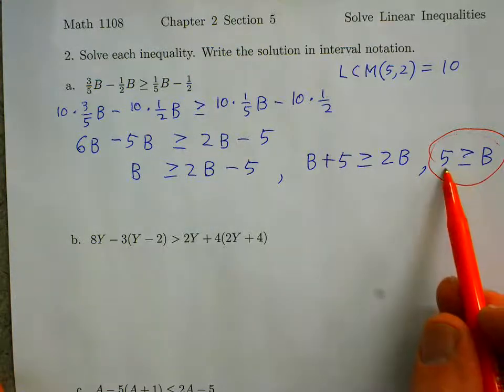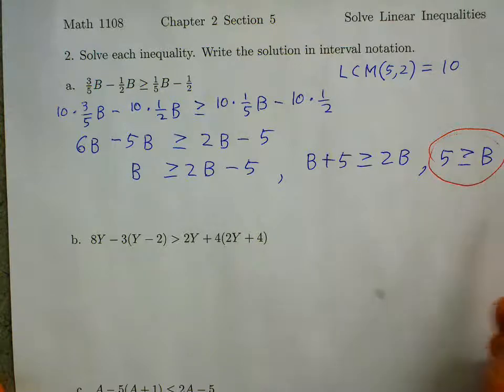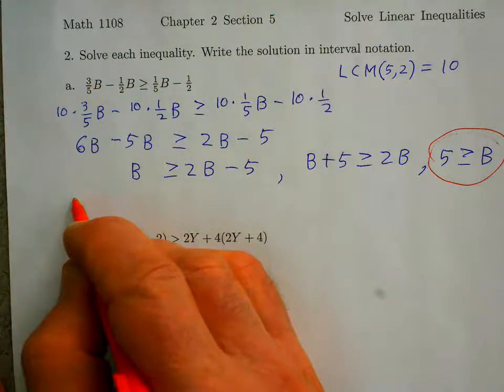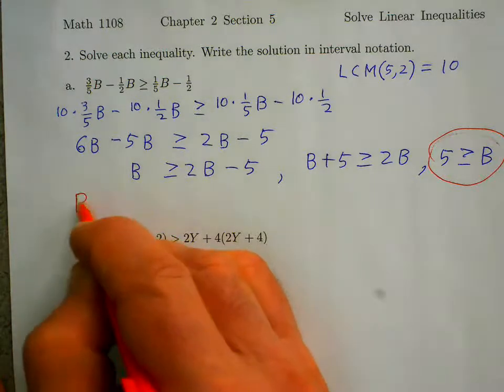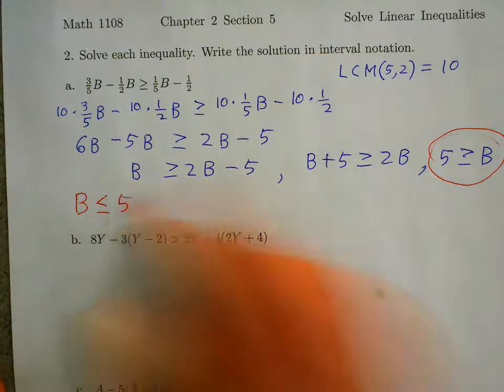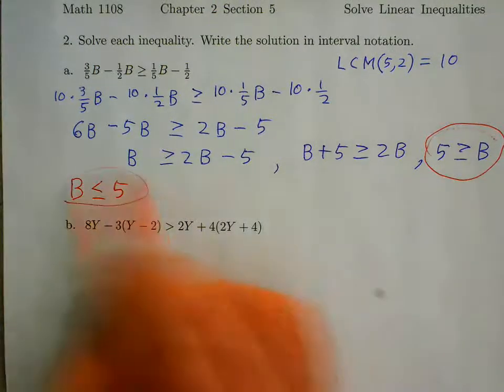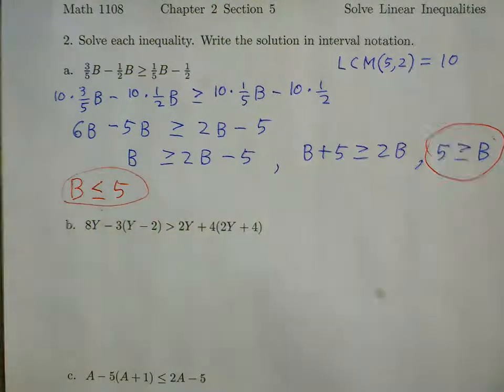Note that 5 greater than or equal to b is equivalent to b is less than or equal to 5. So are we in agreement that those two inequalities mean the same thing?